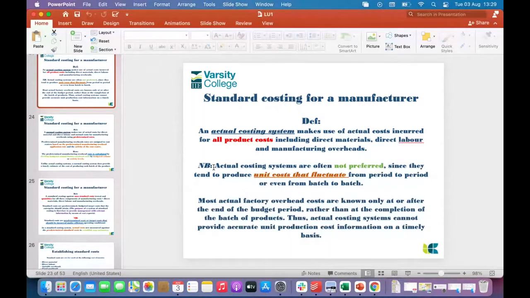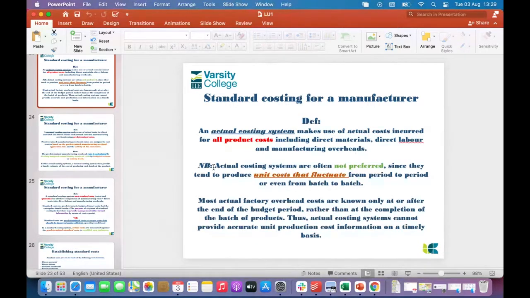Remember, this is why we have to do the whole allocation rate. Because we don't want to just be able to price something at the end or after the fact. We want to also be able to anticipate, or try and plan expenditure during the course of these periods.